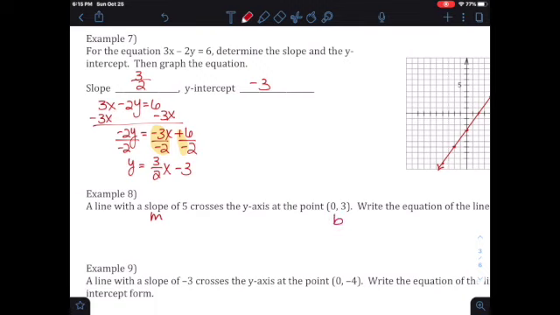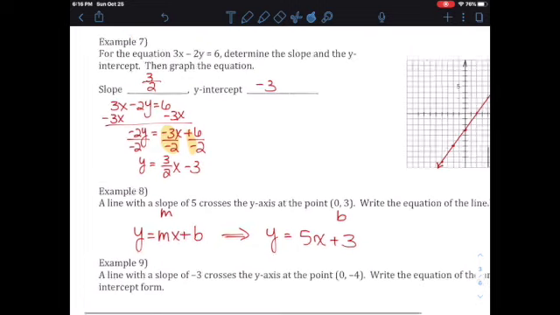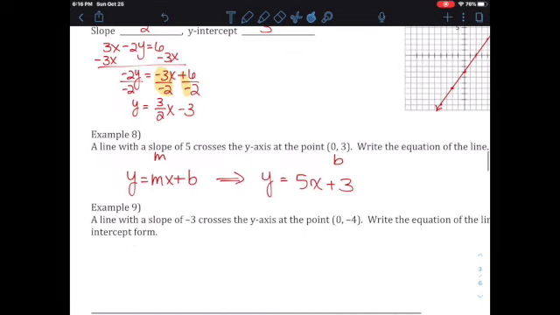So this is b. The equation you're going to use is y equals mx plus b, and you just plug them in. y equals 5x plus 3. And that is your answer for number 8.